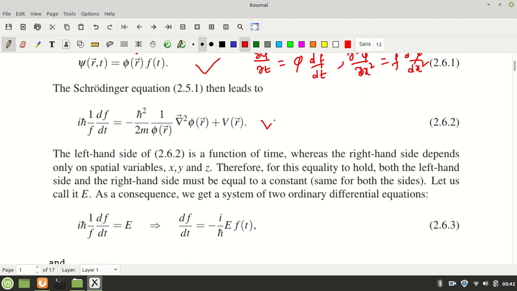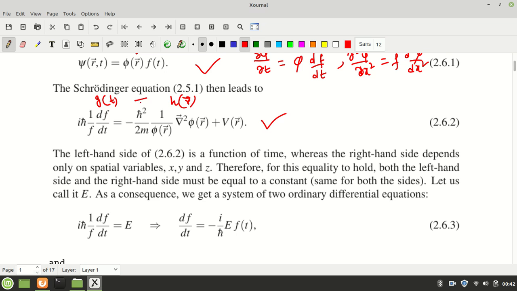This will lead you to this form, where the left hand side is a function of time, but the right hand side is a function of position.